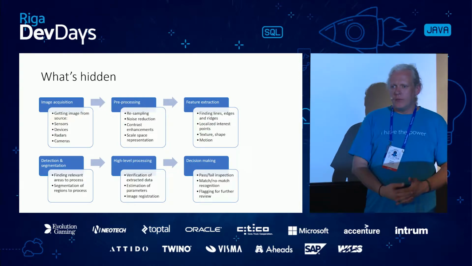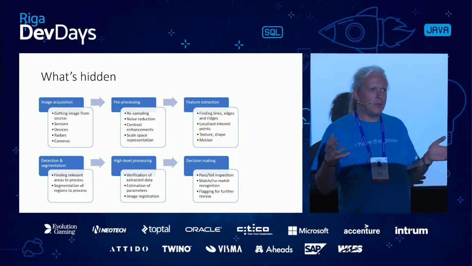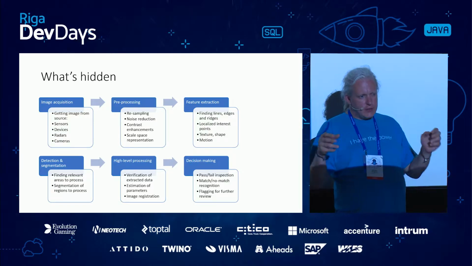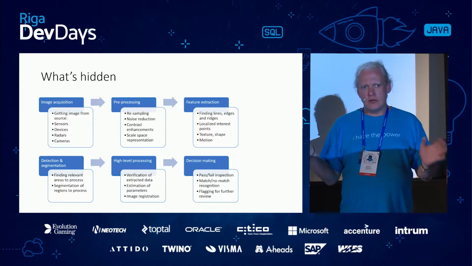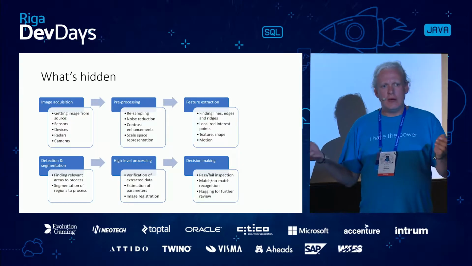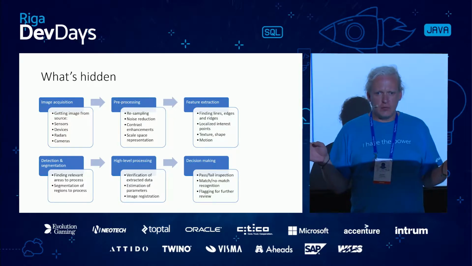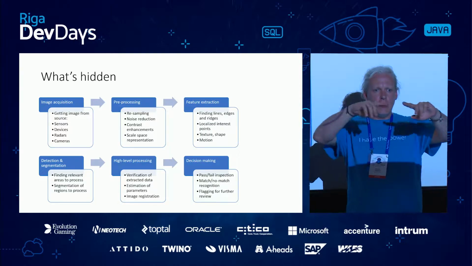So there are image balancing and preparation tasks, and after this the image goes to real analysis, meaning edge detection, how artificial intelligence is trying to detect where the edges on the image are.